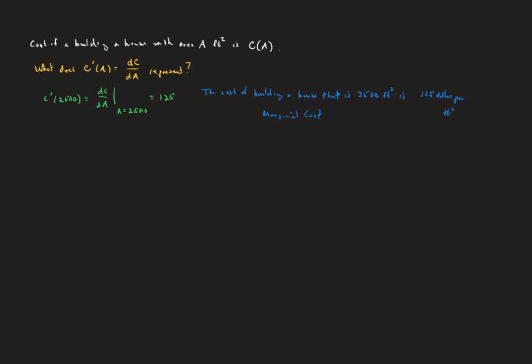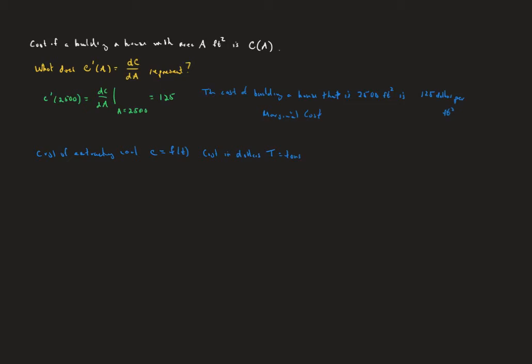So let's do a slightly different example. Let's say the cost of extracting coal from the ground is given by C equals F of T, and we'll say the cost is in dollars, and the T is tons of coal.